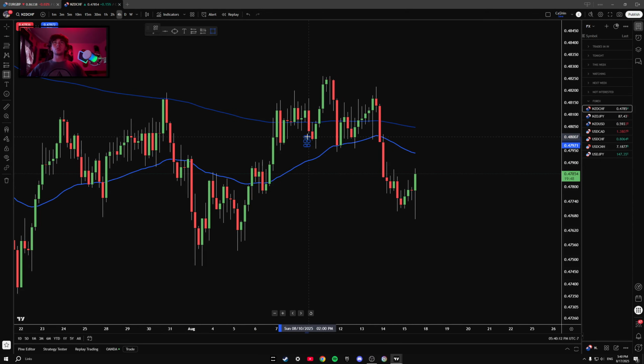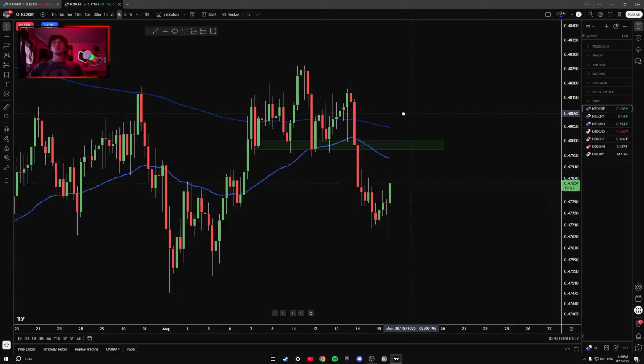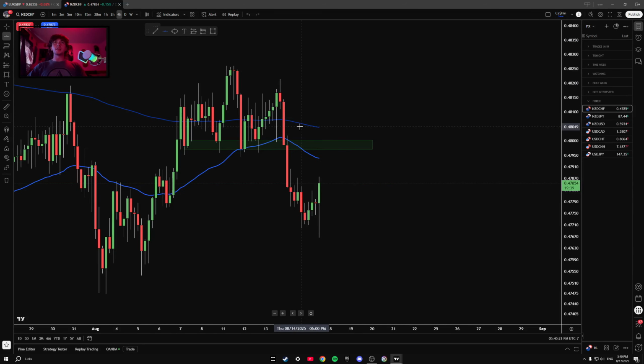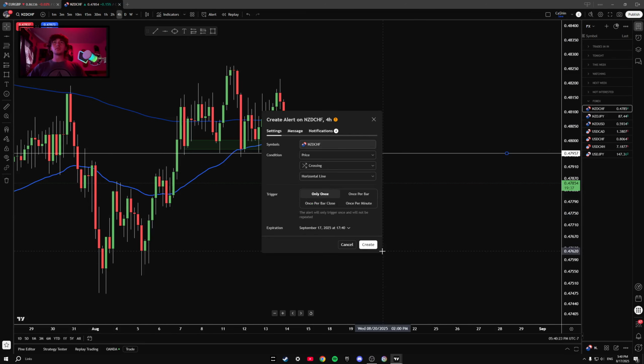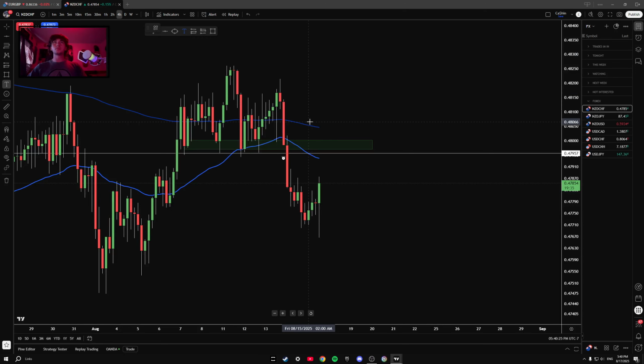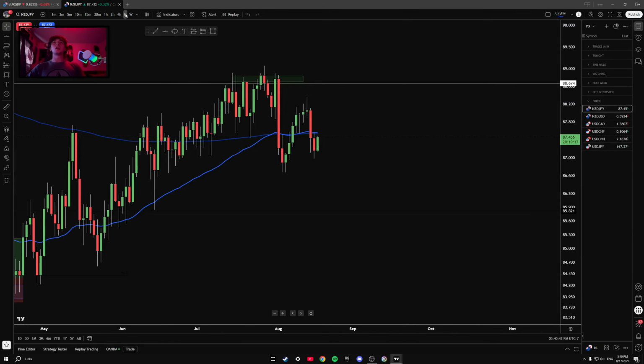Potential head and shoulders. Retest. Sell. Bang. This week.